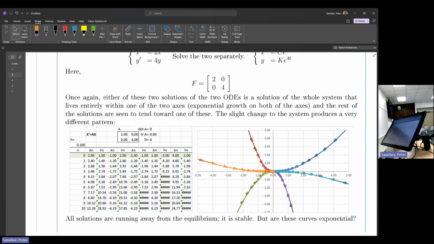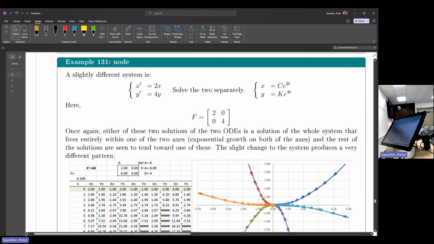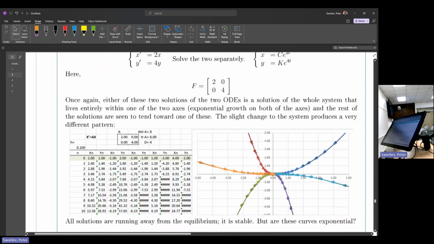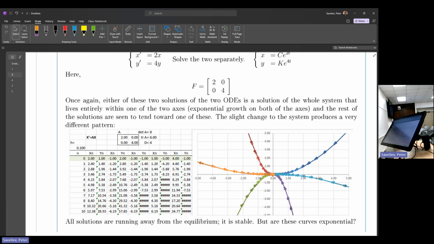But notice how it is proportional: x is growing slower than y. You can see that reflected in those curves. It goes like this because y is growing faster.